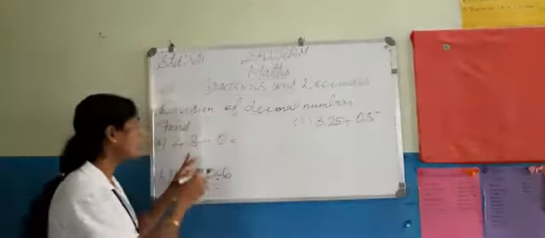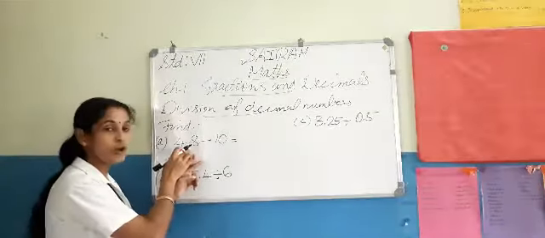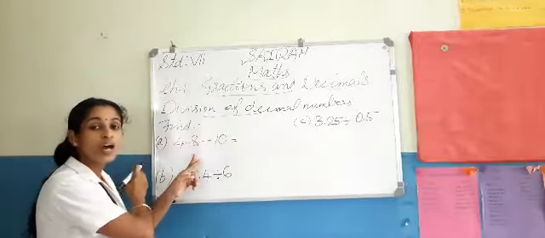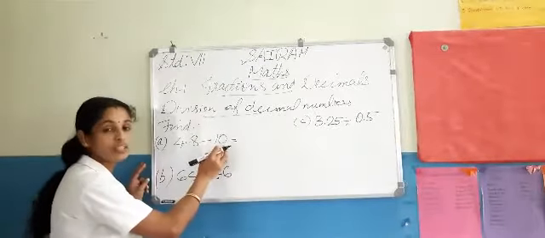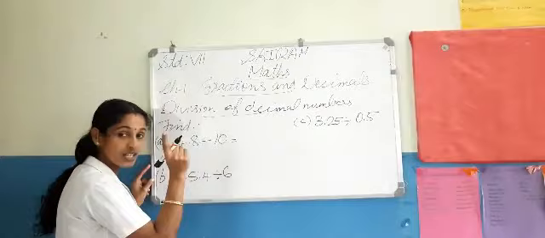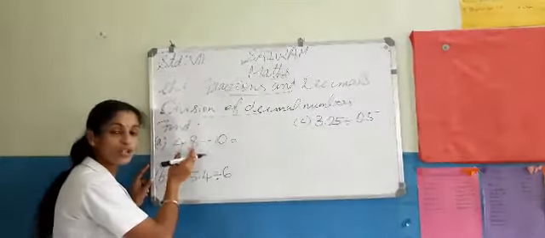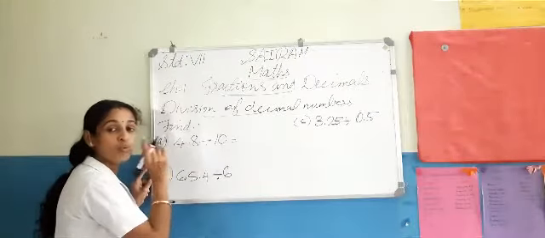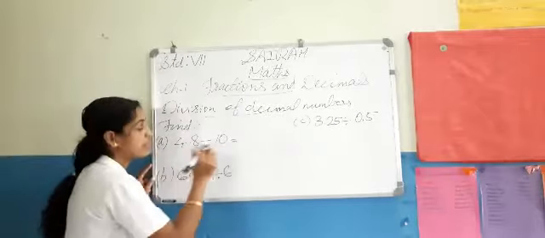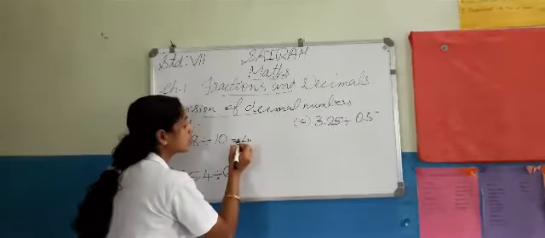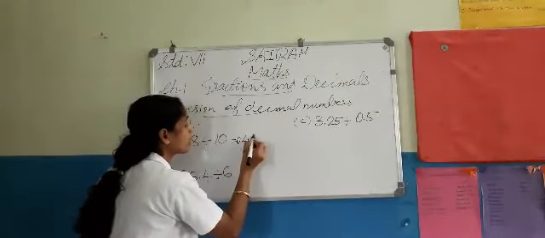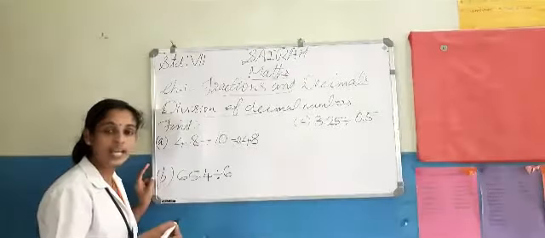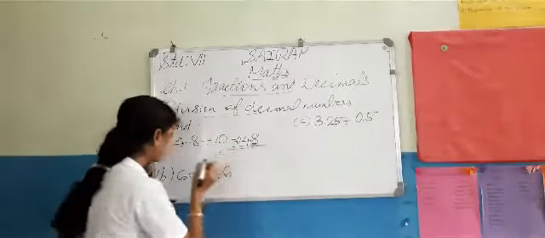Here in 10 there is only one 0. Then move the decimal point to the left by 1 decimal place. Then we will get 0.48.